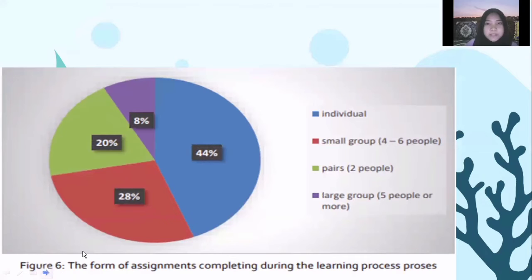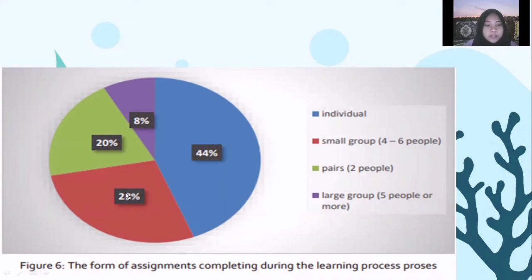The next is the result of the sixth question about the form of assessment completed during the learning process. It showed that about 44% of students chose individual.